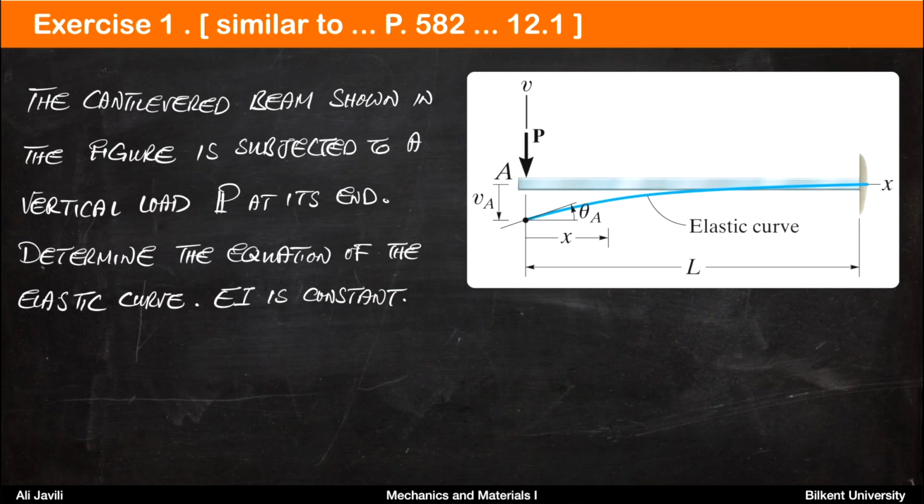Exercise 1 of this lecture is similar to problem 12.1 on page 582 of the book. The cantilevered beam shown in the figure is subjected to a vertical load P at its end. Determine the equation of the elastic curve if EI is constant.